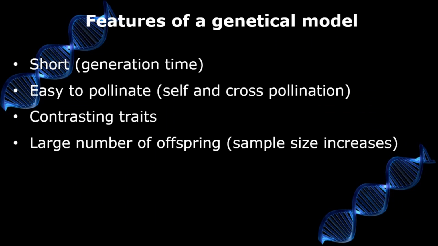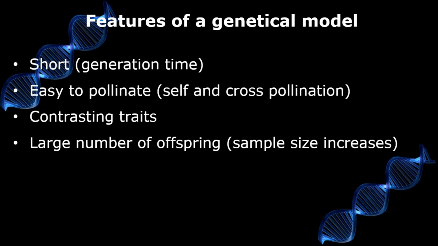There are some features needed to be checked before confirming a model of plant for genetics. These are as follows. The first one, it should have a short generation time, so he could get a result in the next generation faster. The second feature is the easiness of pollination.